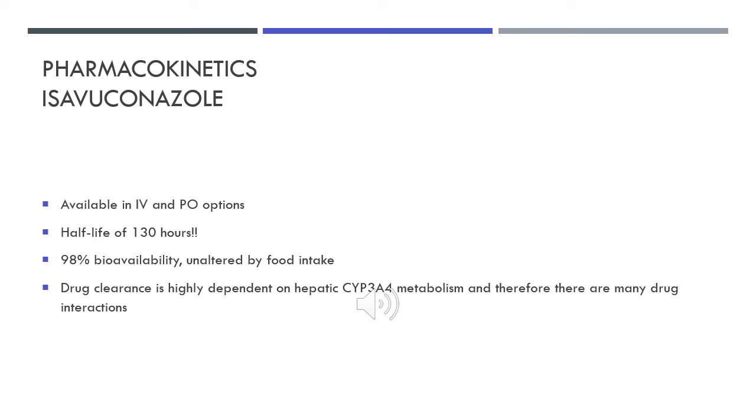Drug clearance is highly dependent on CYP3A4 metabolism, and therefore there are many drug interactions. I will go through the drug interactions on separate slides because, quite frankly, the azoles do have quite a few drug interactions. I'm just mentioning why there are drug interactions, and that's because of the CYP hepatic metabolism, but I'll go into more detail in upcoming slides.